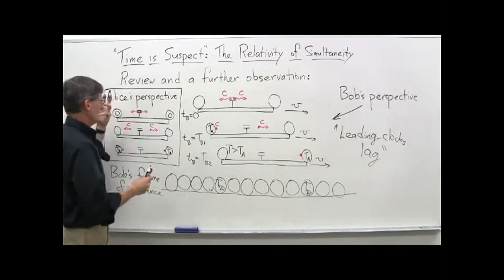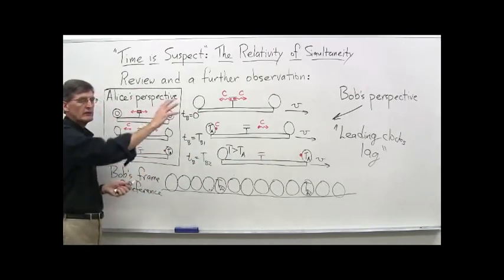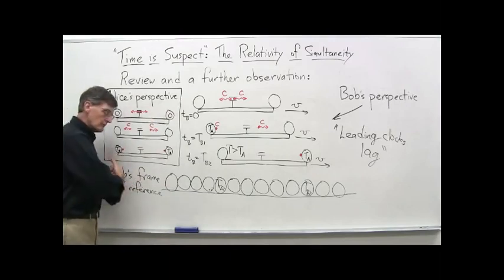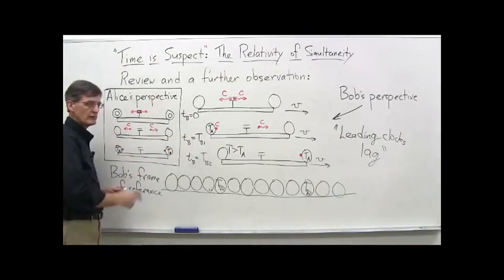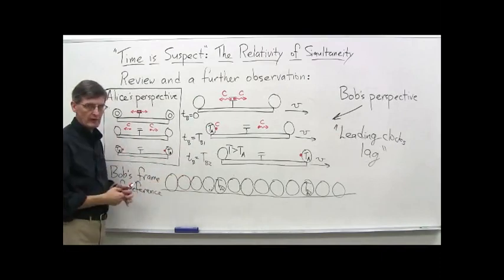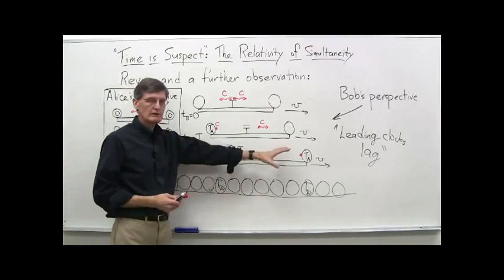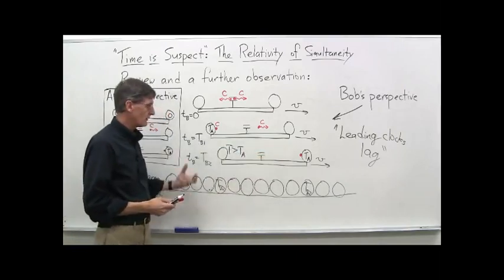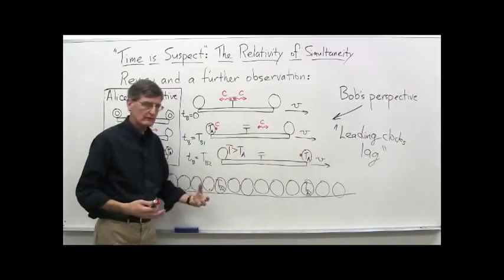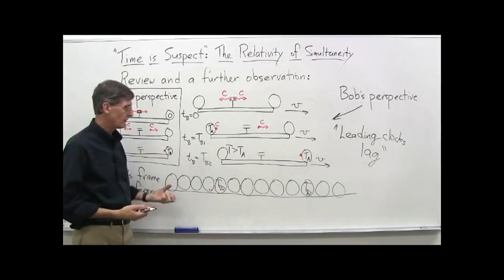So, a review of this first real aspect of weirdness we get: the relativity of simultaneity, the relativity of clock synchronization. Bob synchronizes his clocks, Alice synchronizes her clocks, but Bob thinks Alice has messed up, and Alice thinks Bob has messed up in terms of clock synchronization. And this idea that leading clocks lag is really a result of this whole idea that simultaneity is relative, synchronization is relative, absolute time cannot be defined.